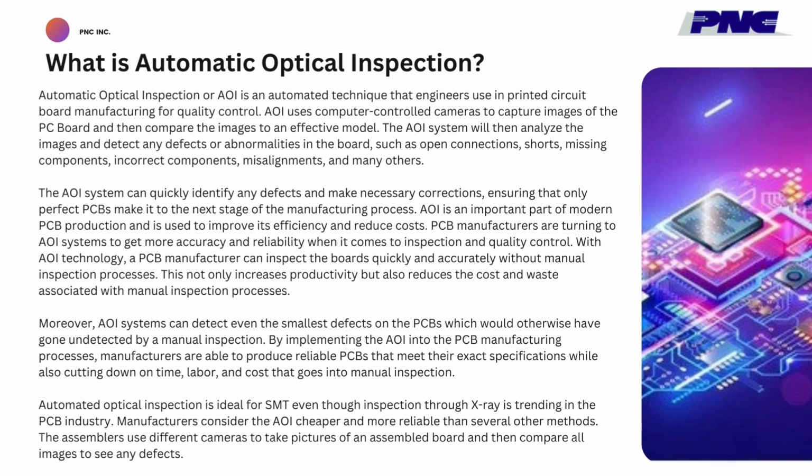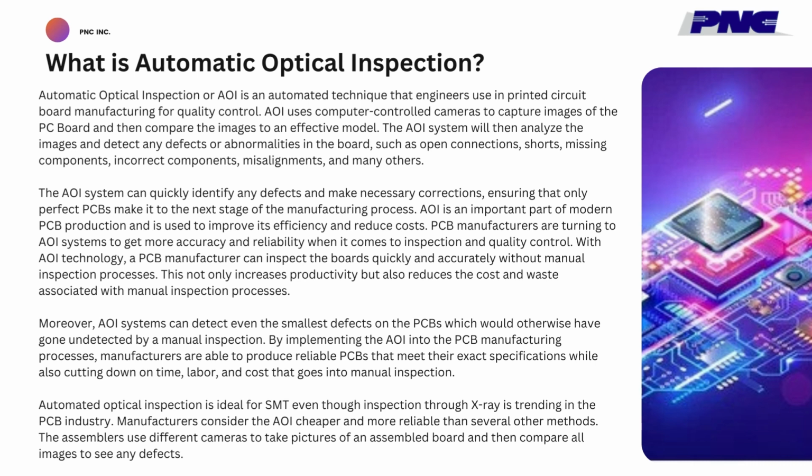This not only increases productivity but also reduces the cost and waste associated with manual inspection processes. Moreover, AOI systems can detect even the smallest defects on the PCBs which would otherwise have gone undetected by a manual inspection. By implementing AOI into the PCB manufacturing processes, manufacturers are able to produce reliable PCBs that meet their exact specifications while also cutting down on time, labor, and cost that goes into manual inspection.